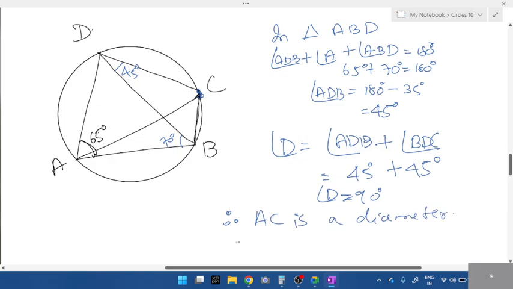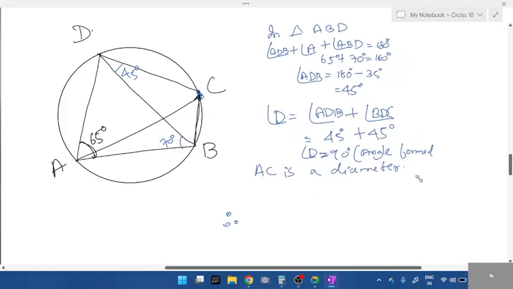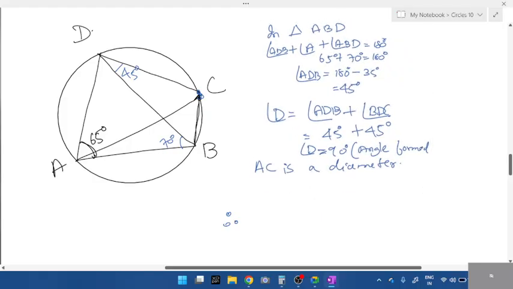Or below that you can mention the theorem: angle formed on the semicircle is equal to 90 degrees. So on any semicircle, students, the angle formed on the circumference.